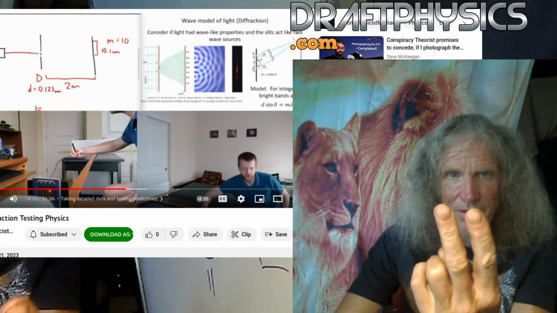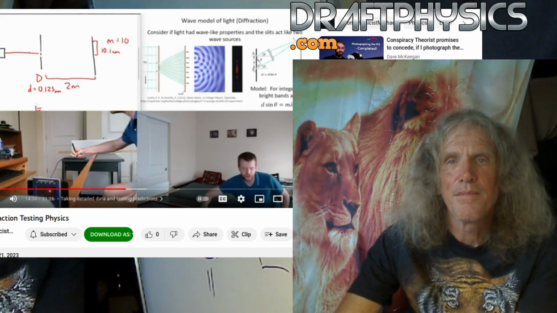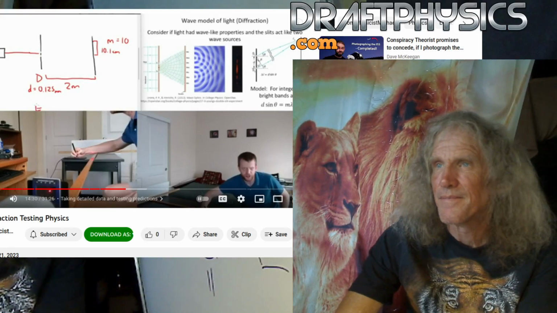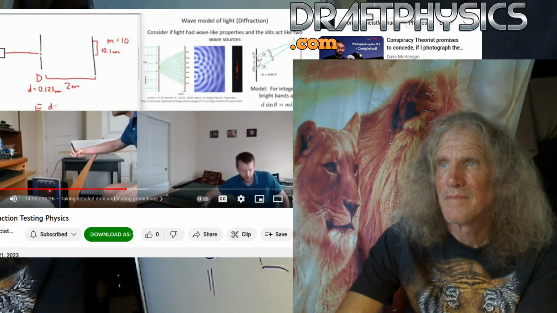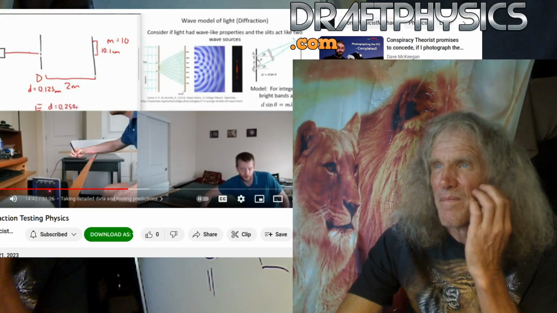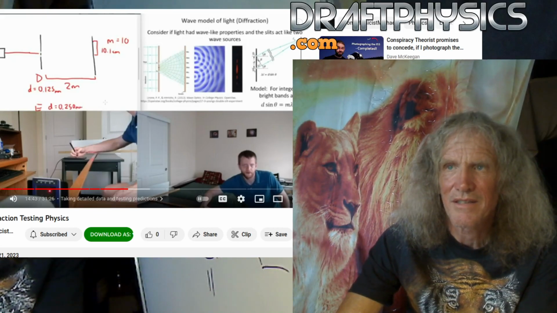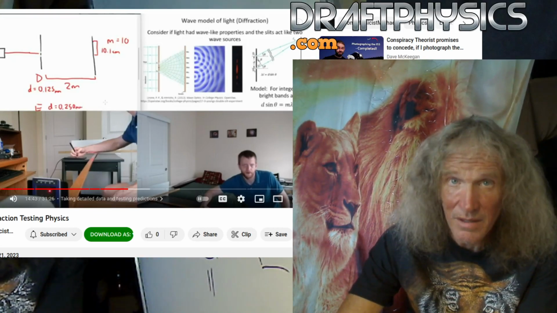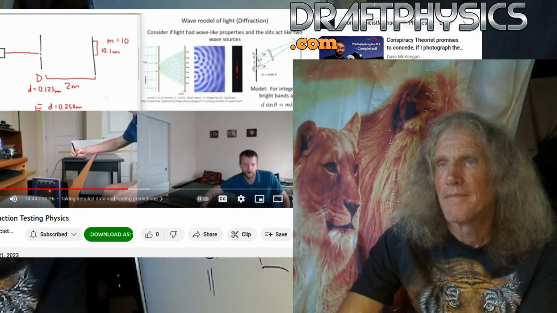The slit width, the impediment width, he's going to multiply it by 2. But it's still going to be short. Same kind of thing. But for slit E, the manufacturer's label said the distance between those slits was actually a little bit larger, so 0.250 millimeters. So now we're talking about the distance between the slits again. So he's not giving us the width of the slits. He's just giving us the width of the impediment.